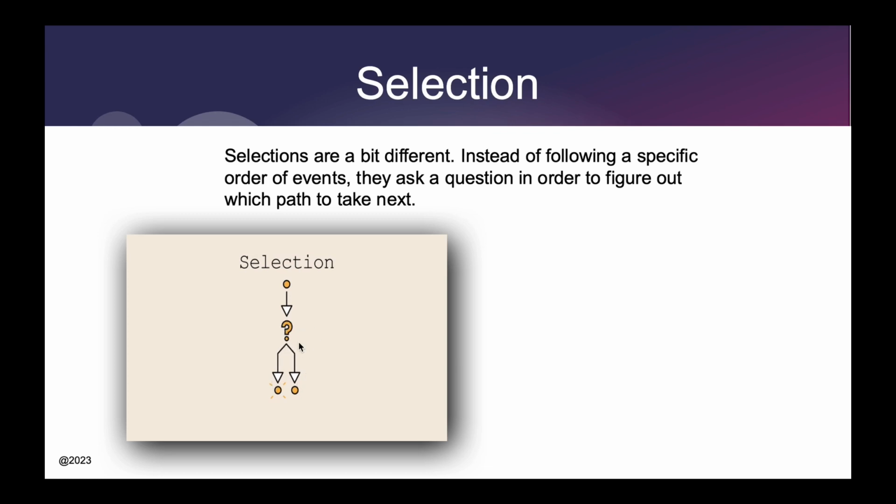So when you reach the question and they ask you, do you want to go to the next round or stick to the current round? If you pick go to the next round, then the game will move forward. But if you say no, stay in the current round, then the game will still be there and you'll be playing the same round. So in selection, there are questions and decisions to be made.